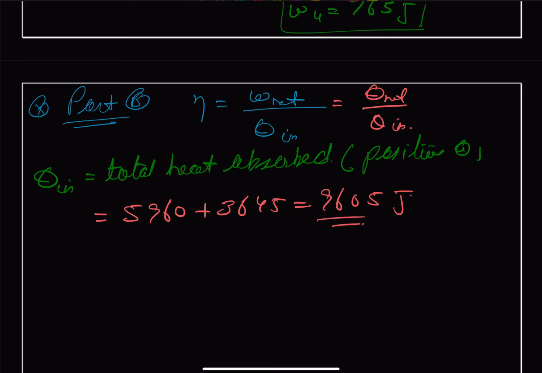Thus, we get our efficiency will be equal to Q net, which is 1040, upon 9605. So this efficiency will be close to 10%, 10.82%.